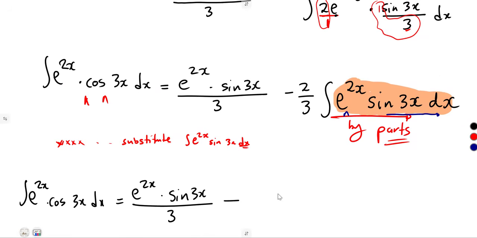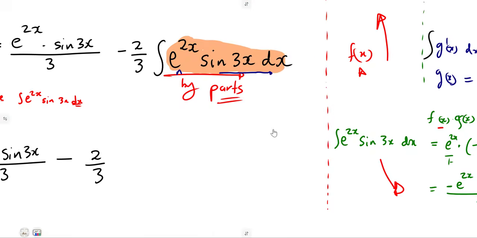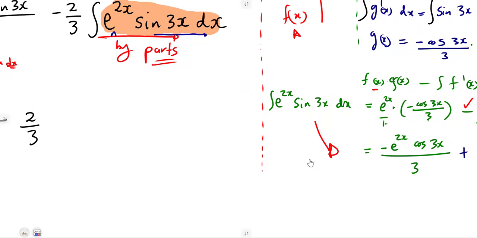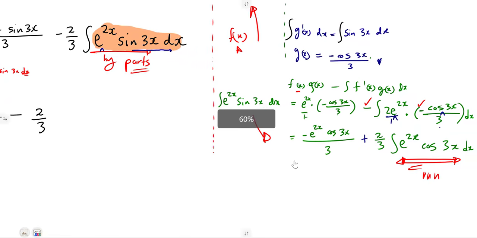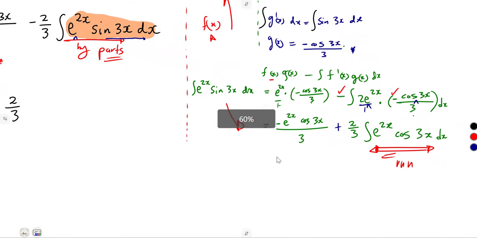2 over 3. This integral, we have got its result. Remember, we simplified; this is what we got here. So I'm just going to substitute this whole part as it is. Let us have a bracket.